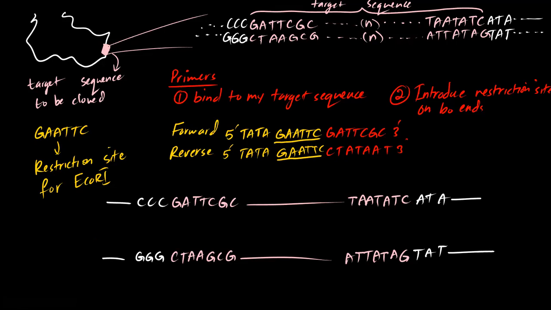So now, during denaturation, the two strands are separated from each other. So after denaturation, we have what? Annealing. So now we are done with denaturation and now annealing.